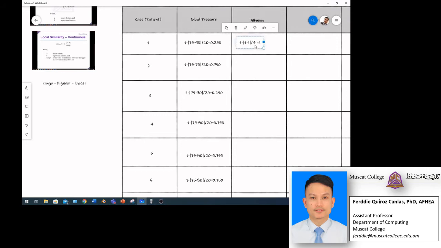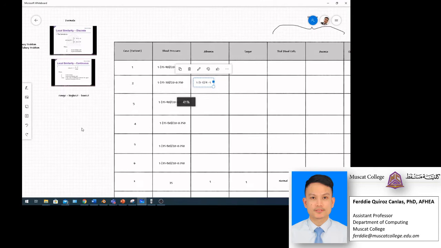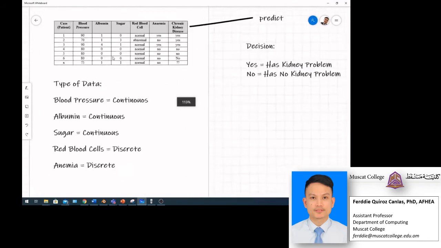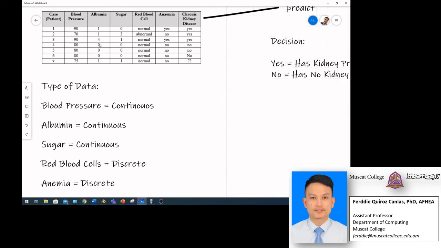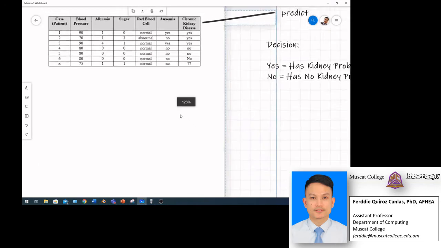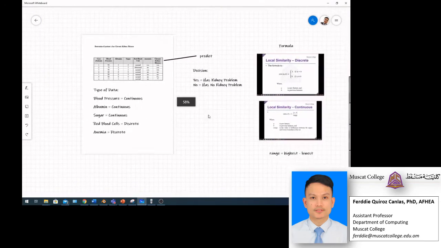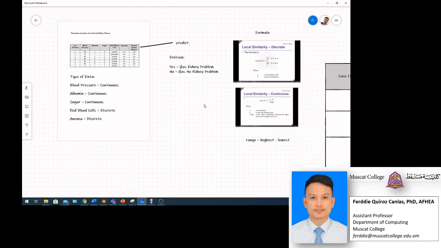Just copy this again, paste it to the next cell here, and check the value for the second patient, which is 1. So you will see patient 2 and patient 1 have the same value, so you just copy paste the value here. No need for you to recalculate it, just the same.